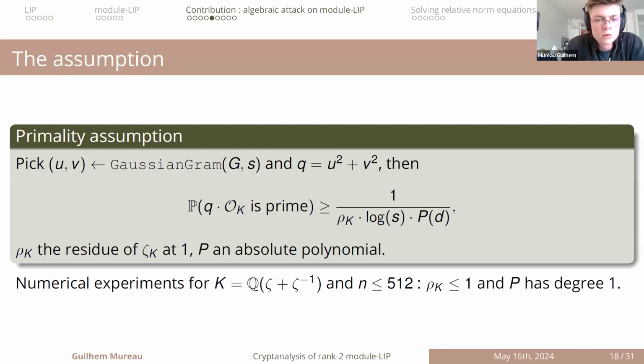And for our experiments, for maximal totally real subfields of power of 2 cyclotomic fields, what we got is that rho_K is very small, and p has degree 1.